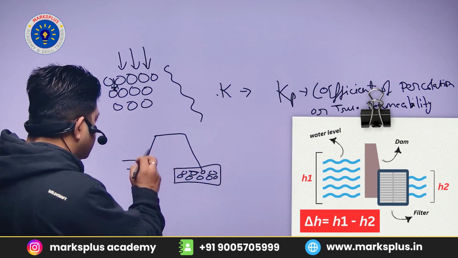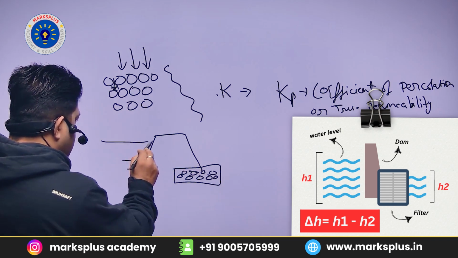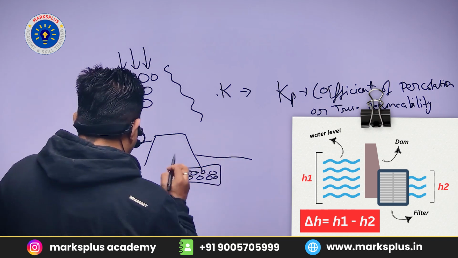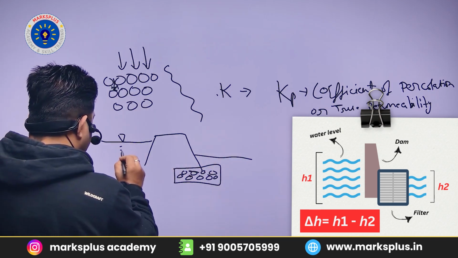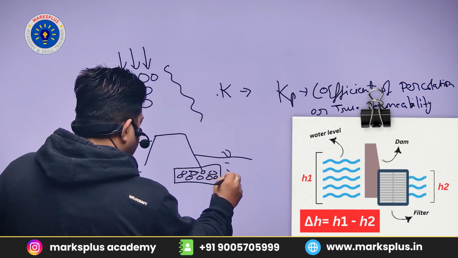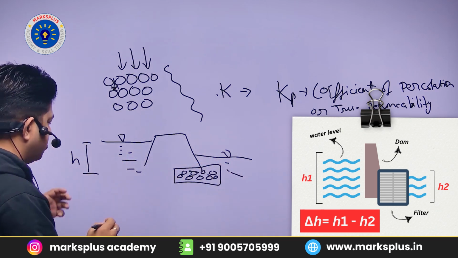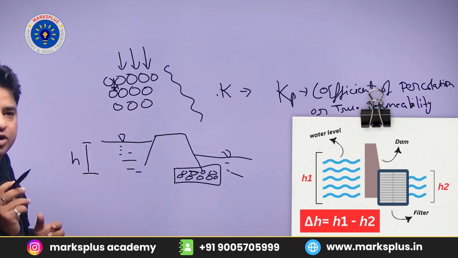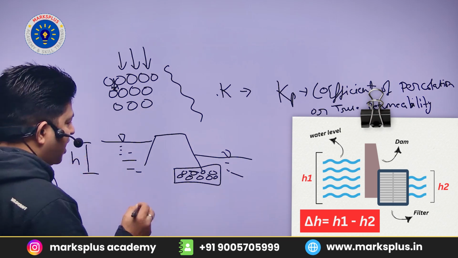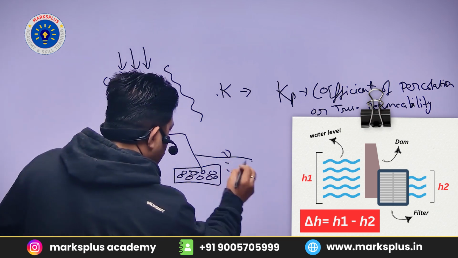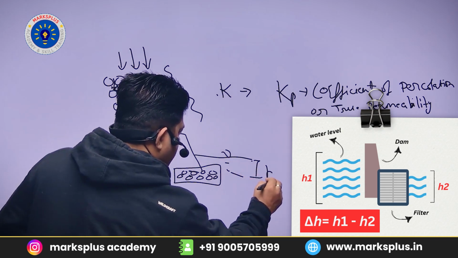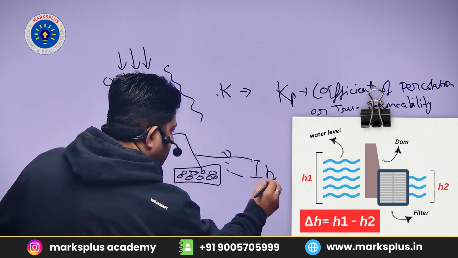For example, if I have constructed a dam, this is our water level. So the difference between, for example, this is a head, this is the total height of the water. The total height of water means the total head, and at the lower end, this is the head of water, h, this is h1 and this is h2.